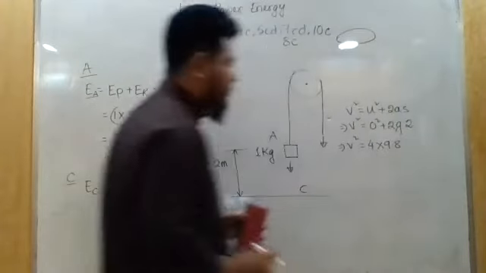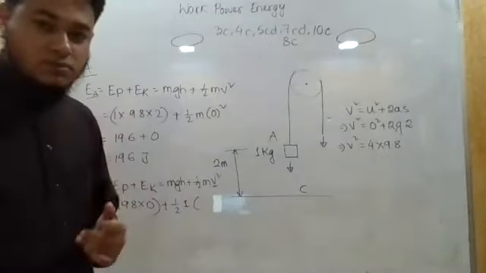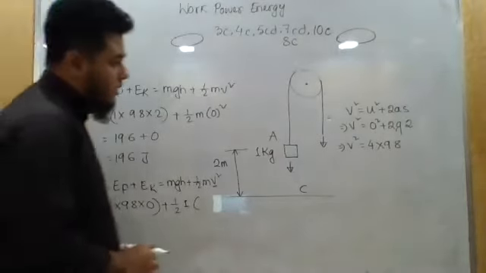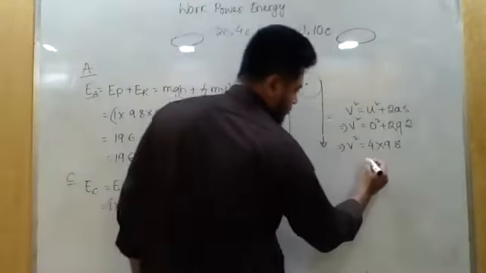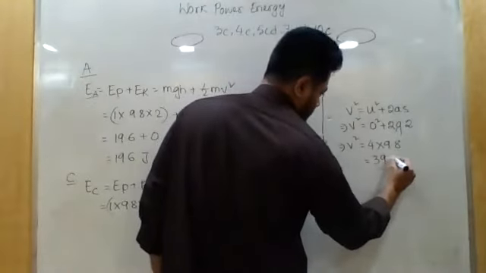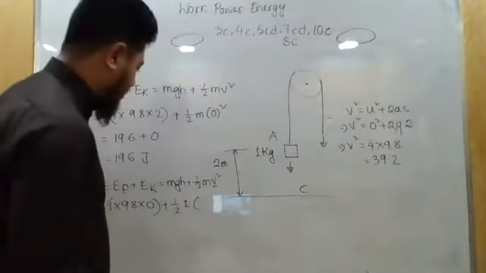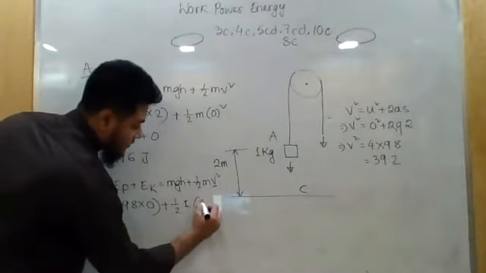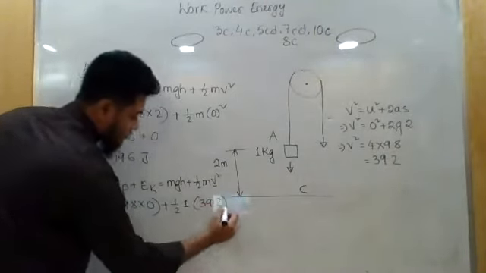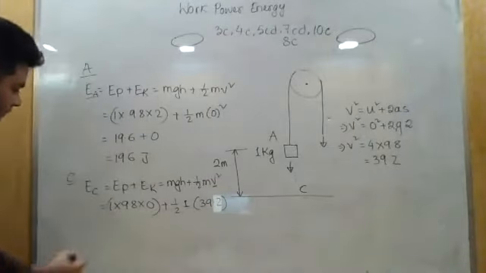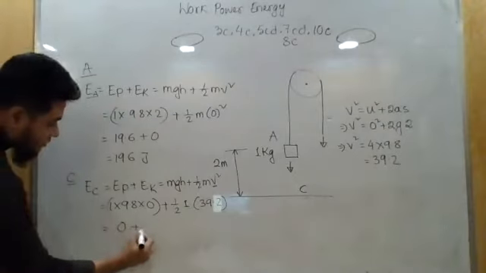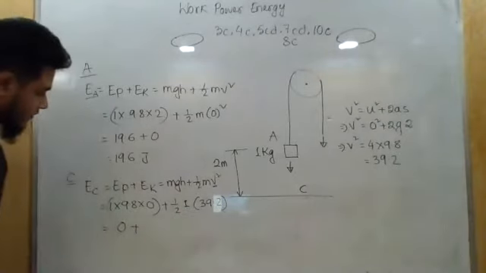So 4 into 9.8, how much is it? Can you calculate it and let me know? I guess it will be 39.2. Kindly check and let me know, okay? So if I replace the value of v square with 39.2, the first term is multiplied by 0, so the whole thing becomes 0, plus 39.2 divided by 2.